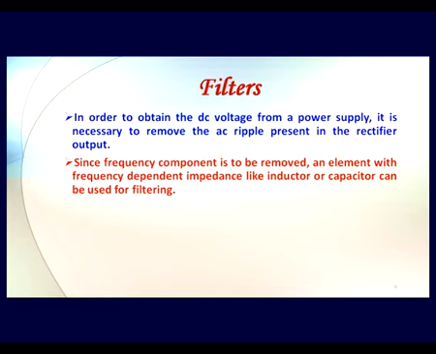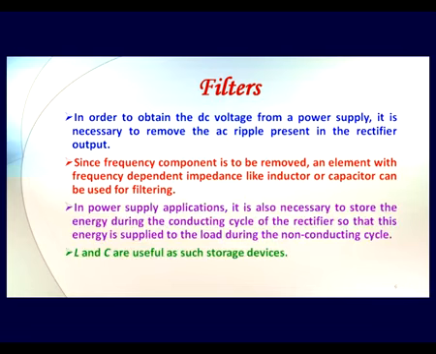This can be done by a scheme where we have a component which stores energy during the conducting cycle of the rectifier and uses that stored energy to deliver to the load when there is no input from the rectifier, right?